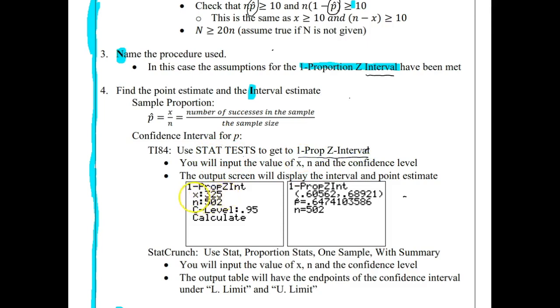On the input screen, you'll be asked to input your sample data, x out of n, from your sample, and then your confidence level here. There's a decimal in front of that, so 0.95, and that's going to be a common confidence level that we'll be looking at. Then when you hit calculate, on the output screen you'll have your interval estimate and your point estimate and just a reminder about what your sample size was.